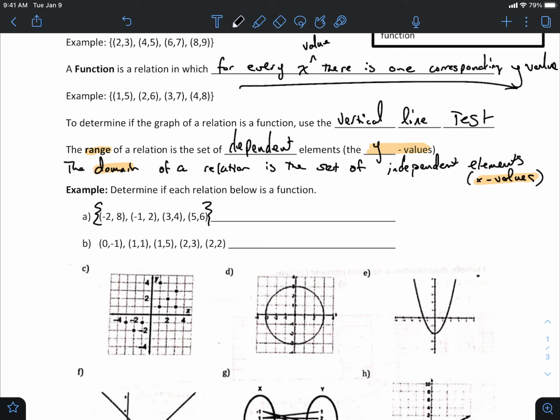So what do you think? Based on the definitions that we wrote above, check and see whether or not those points create a relation, or is it a function? Based on your definitions. What do we think?